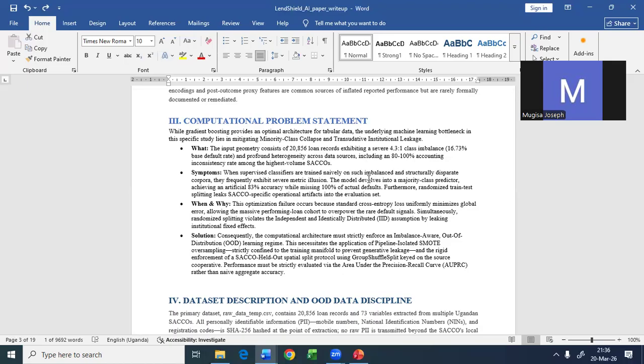The model devolves into a majority class predictor, achieving an artificial 83.83% accuracy while missing 100% of actual defaults.